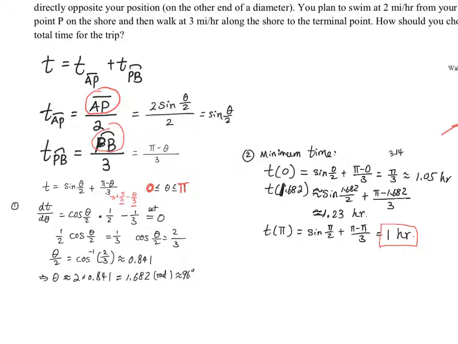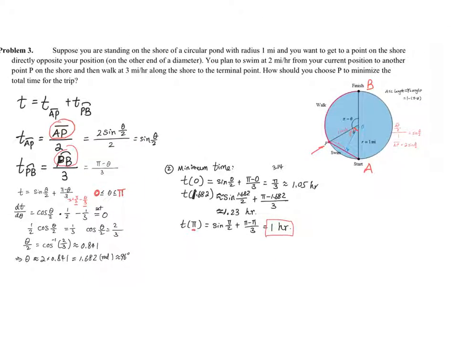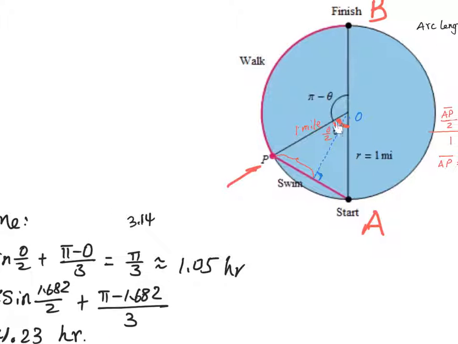Therefore, you can make a conclusion. When this is pi, what does that really mean? If you look at the graph again, that means this angle theta is equal to pi. That means it's a 180 degree angle. That means you're swimming across directly.